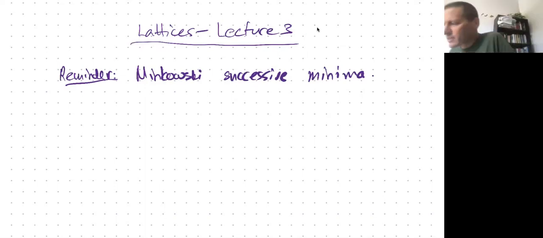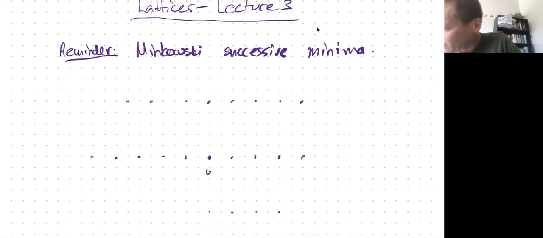So what are these successive minima? Let me draw a picture first. Suppose this is your lattice. I'm drawing a rectangular lattice on purpose. And this is the origin. And the lattice looks like this.